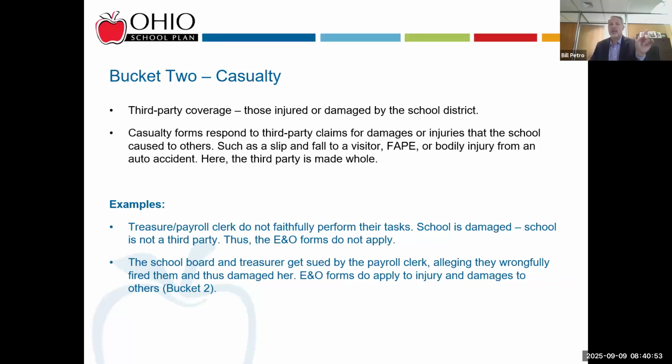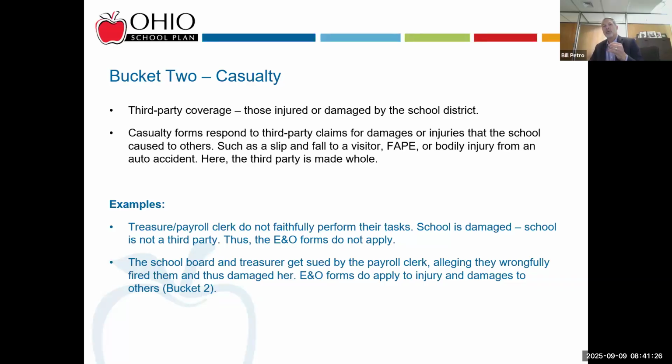Others outside of the school are not damaged or harmed. The school may be harmed. The school's funds may be harmed, but there's no one injured, like students. There's no one that slipped and fell and was injured. This is the school's funds that are missing, if you will. And so bucket 2, the casualty bucket, won't come into play on that.